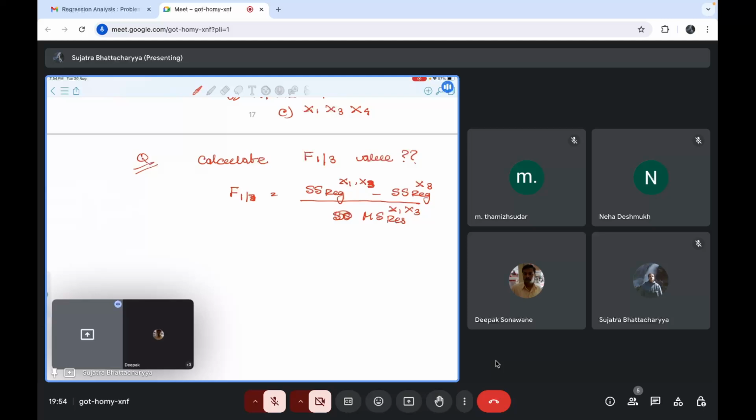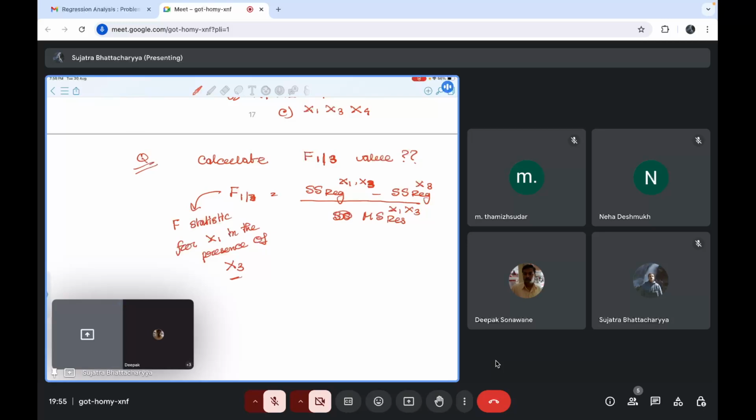What it means is that 1 given 3 is the F statistic for x1 in the presence of regressor variable x3.